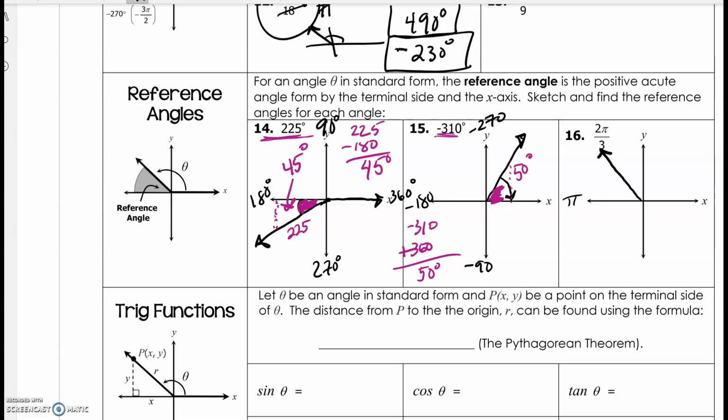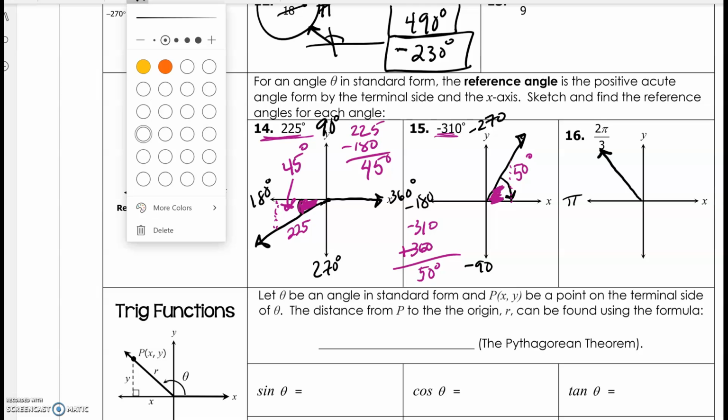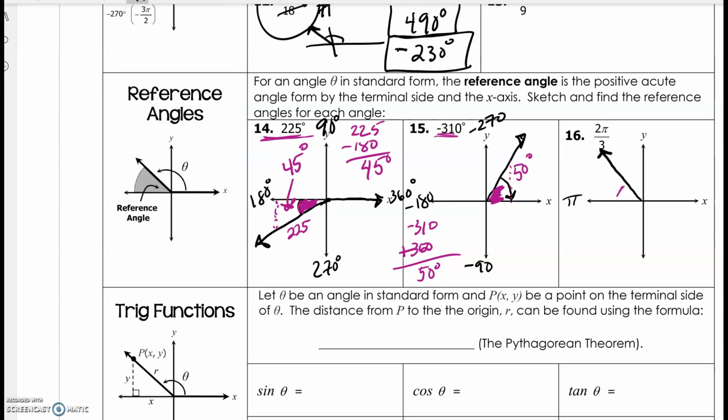So the question is, how much is this angle right here? Well, I know if I went all the way around, that would give me 3 pi over 3. That's the same thing as pi because the 3's cancel out. Well, 3 minus 2 leaves me with pi over 3. That's that measurement right there.